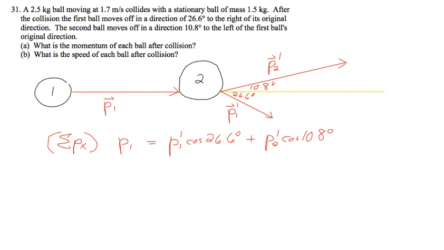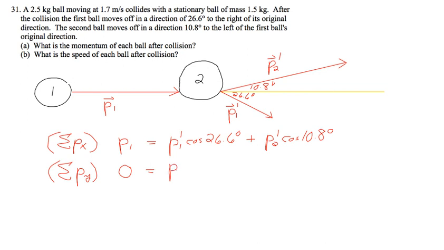Now in the y direction, when I sum up my momentums in the y direction, before the collision there was no momentum in the y direction, so the whole left side is 0. And when I sum up my momentums on the right, the P2 prime is the one that has the positive y component.